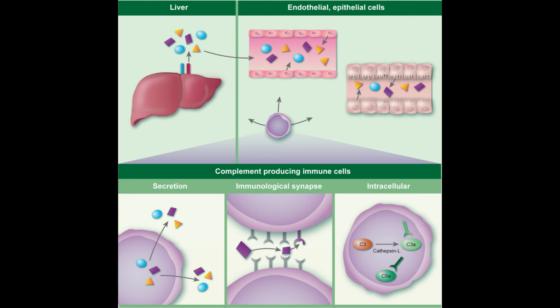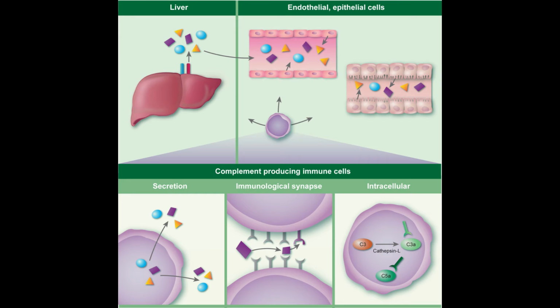The cleaving of C5 with deposition of C5b at another site on the cell membrane constitutes the beginning of the membrane attack complex, or MAC. Now let's talk about the membrane attack complex. C5 consists of two polypeptide chains, the alpha and the beta, which are linked by a disulfide bond to form a molecule with a molecular weight of about 190,000.